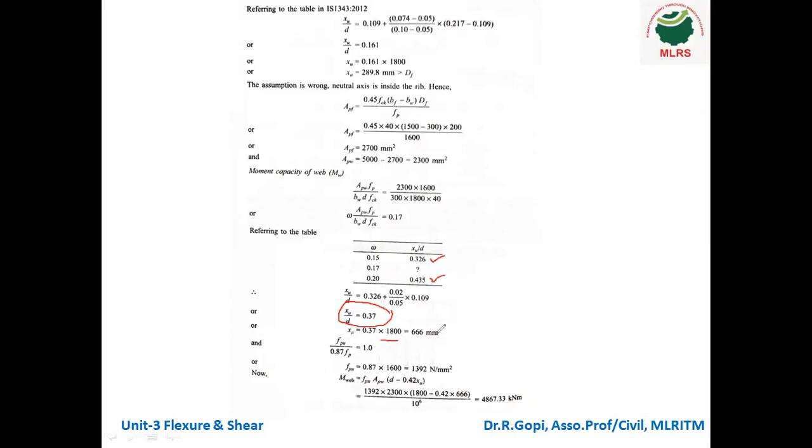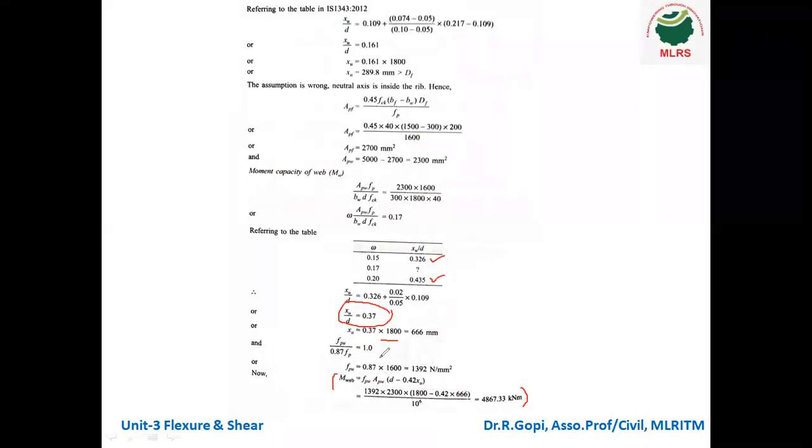Next, FPU divided by 0.87 FP value, it is 1, always 1. So FPU is equal to 0.87 into 1600, we got 1392 Newton per mm square. Finally, the moment of resistance of the web section, M web, is equal to FPU into APW.